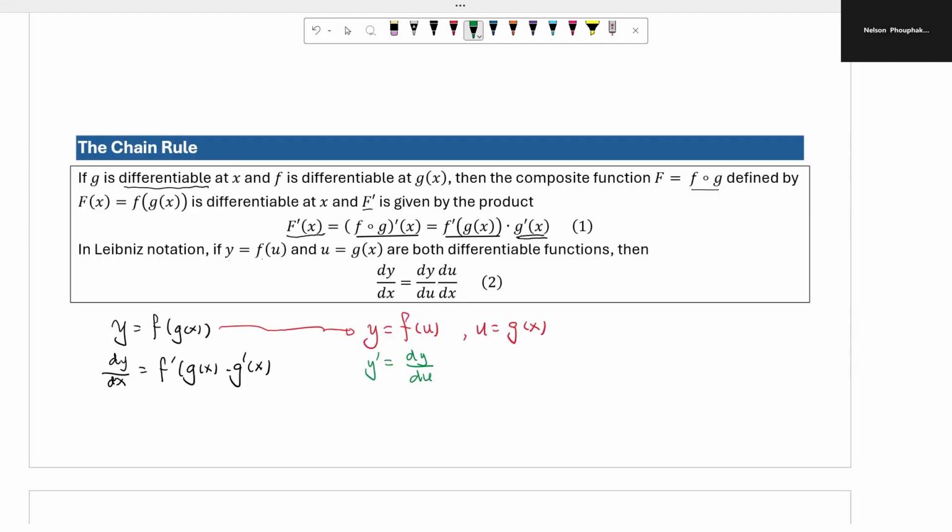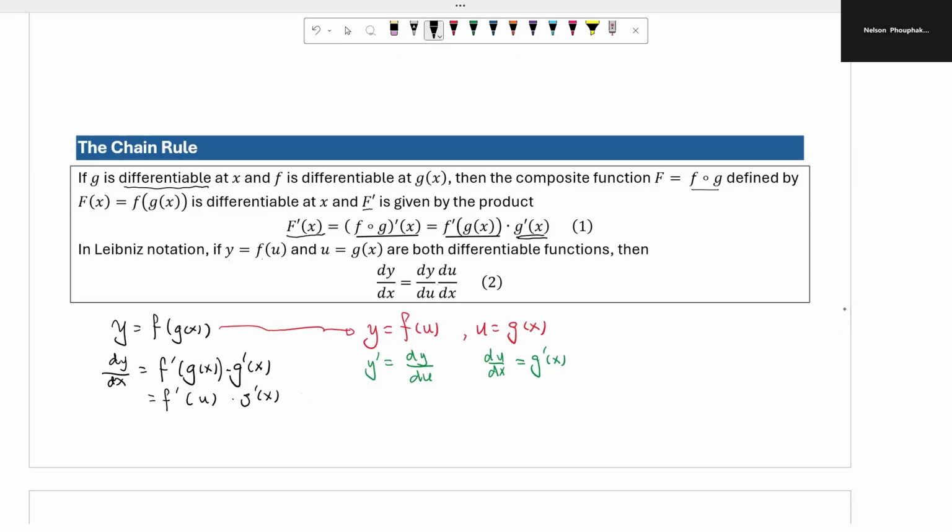And then u is dependent on x, so du/dx is g prime of x. Then you will see that f prime of g of x basically will be f prime of u times g prime of x.